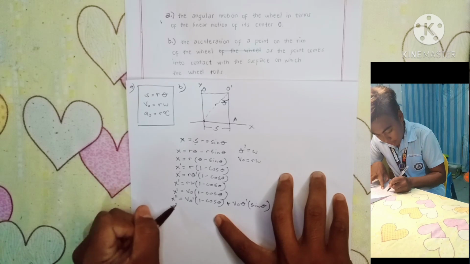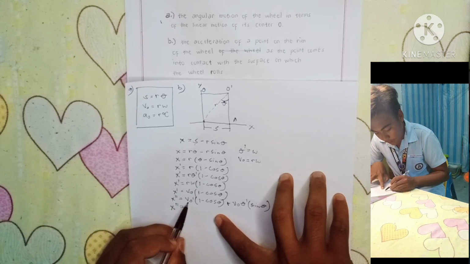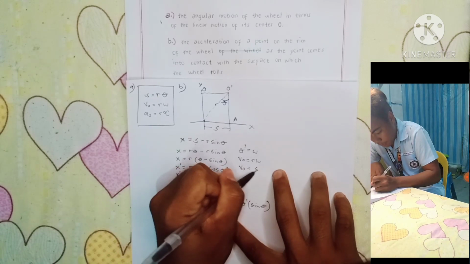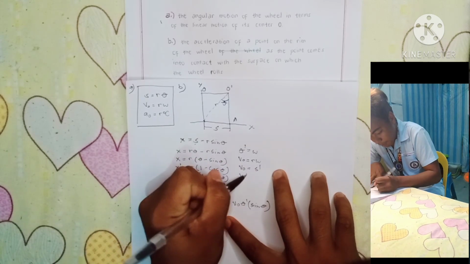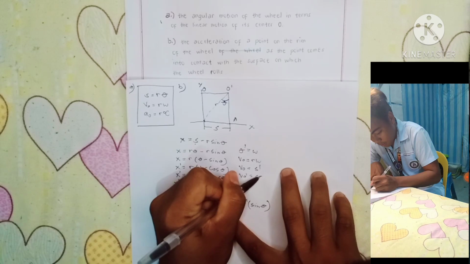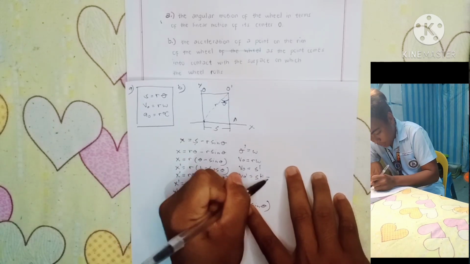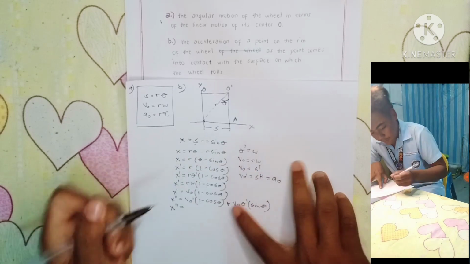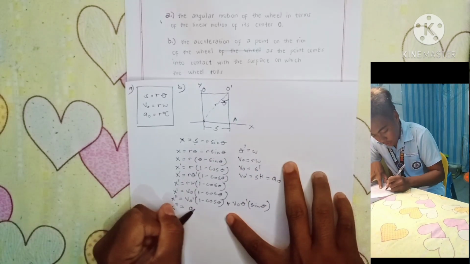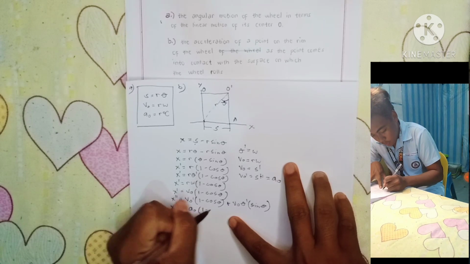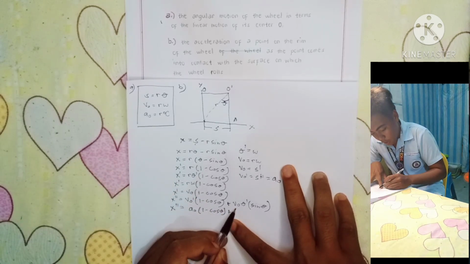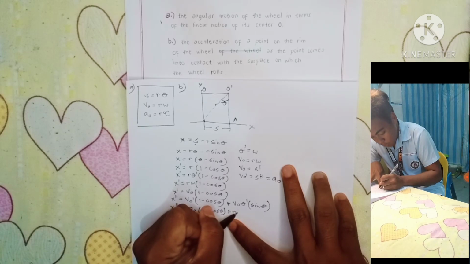So, second derivative of X is equals to yung VO is equals to S prime. So, ang VO prime is equals siya sa S double prime, or is equals din siya sa initial acceleration. So, initial acceleration times 1 minus cosine theta plus yung VO is equals siya sa R omega.